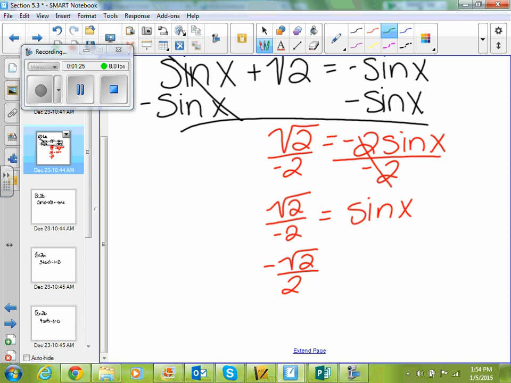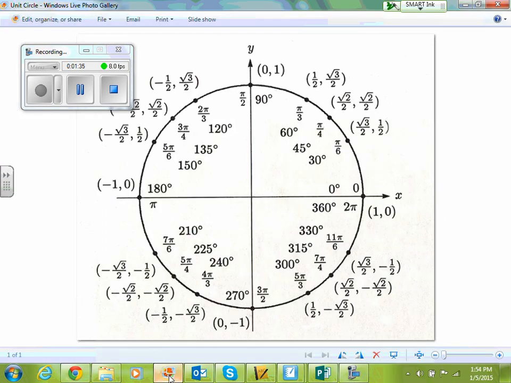So we're going to be looking for values that match this on our unit circle for our sine. Remember, sine is your y value. If I look at my unit circle, and I'm looking at my y values, where do I find negative square root of 2 over 2? Under 7 pi over 4.